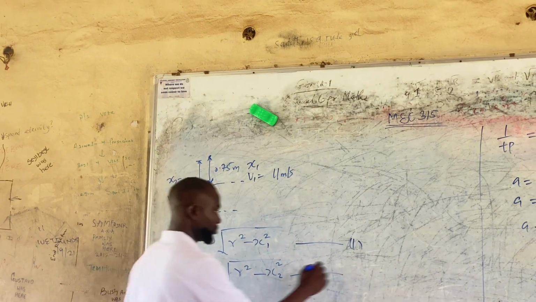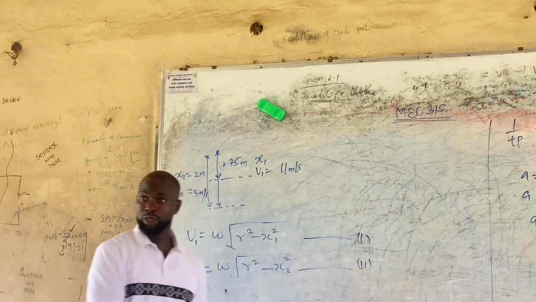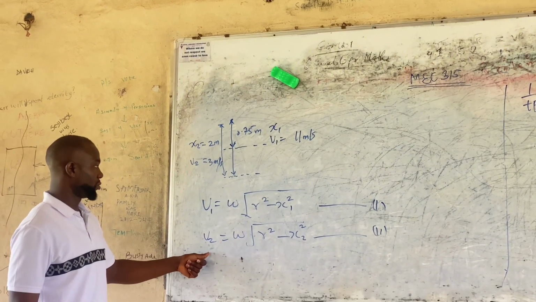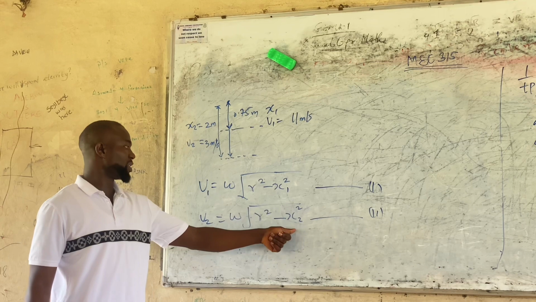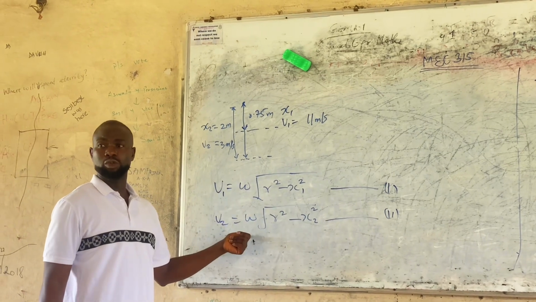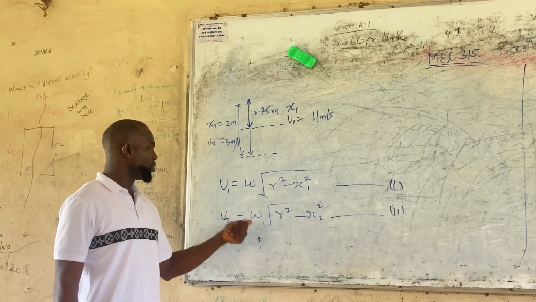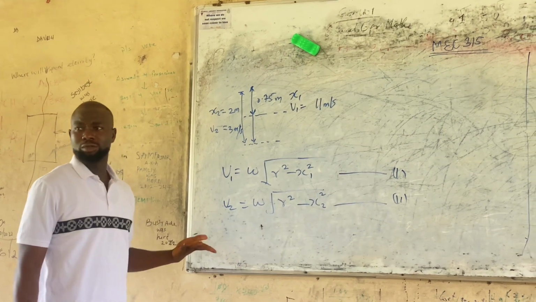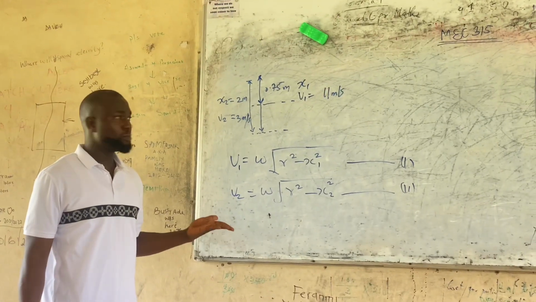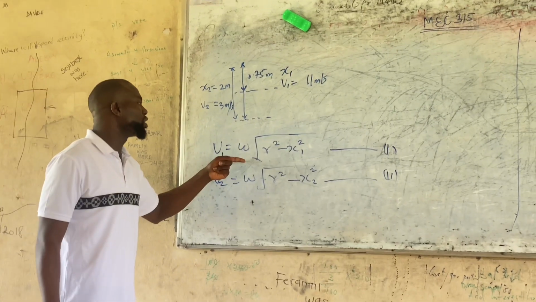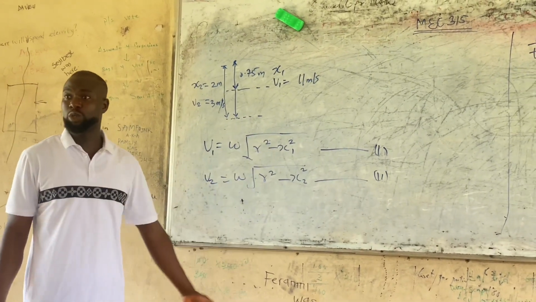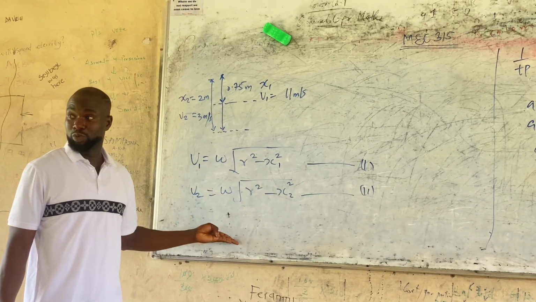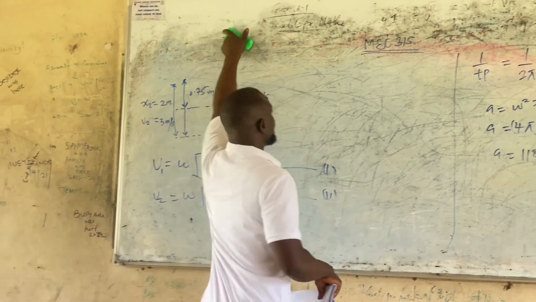Equation 2: V2 equals W square root of R squared minus x2 squared. Looking at these two equations, we know V1, we know V2, we know x1, we know x2. W is W, so we can eliminate W. Let's make W the subject of formula in equation 1 and equation 2.